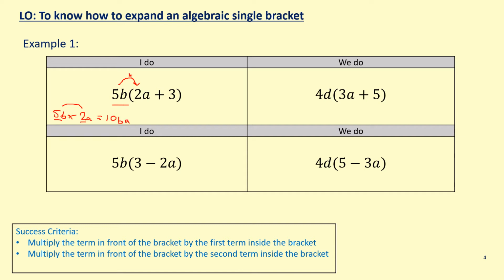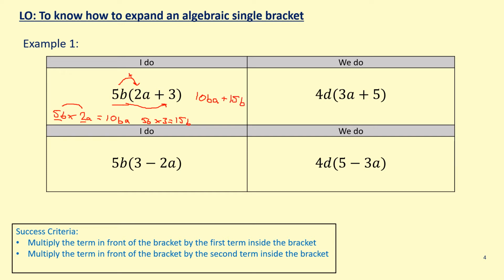And now we have 5b times 3, and it's the same as 5 times 3 is 15b. So the final answer is 10ba add 15b.